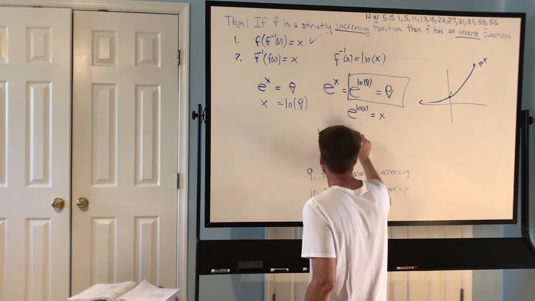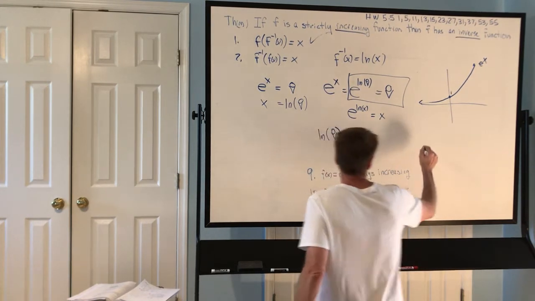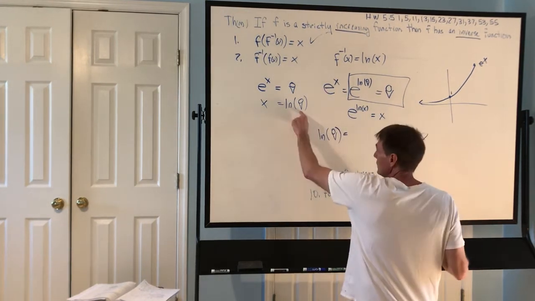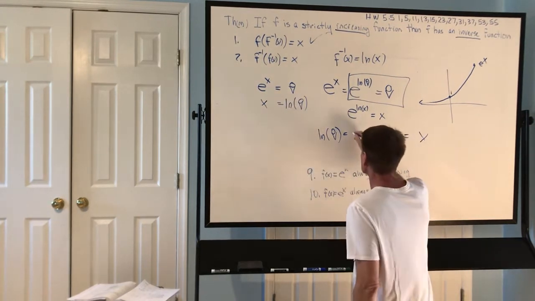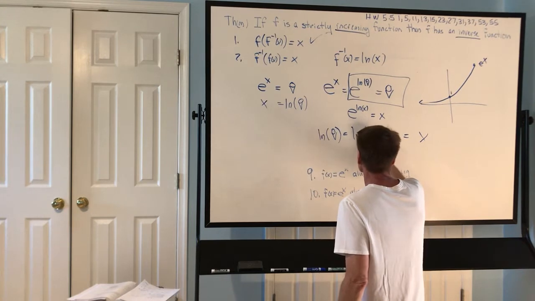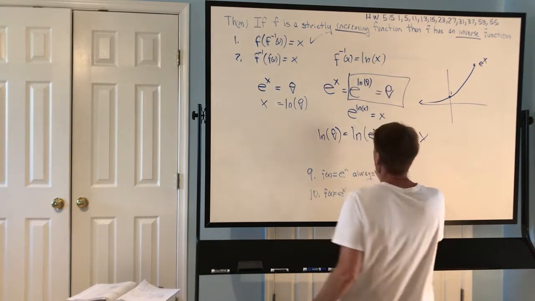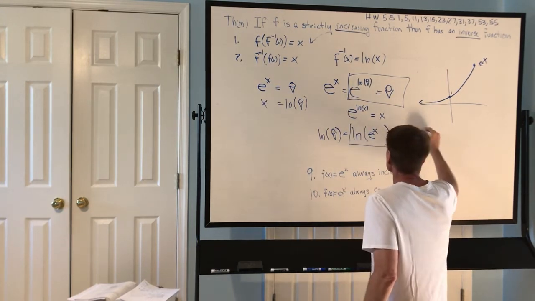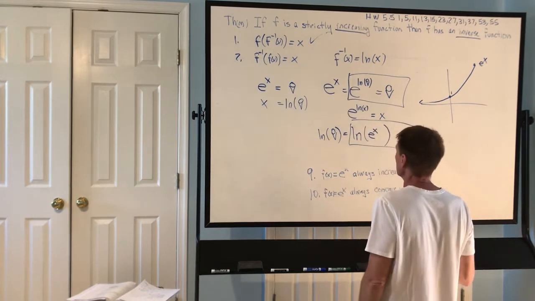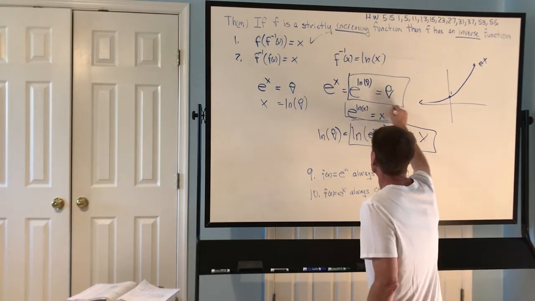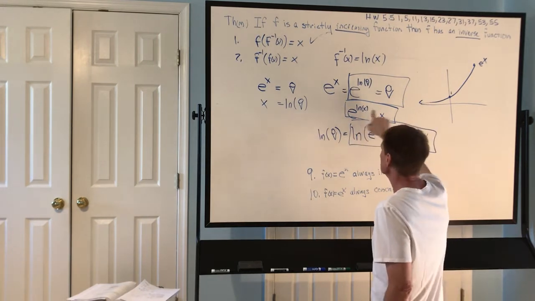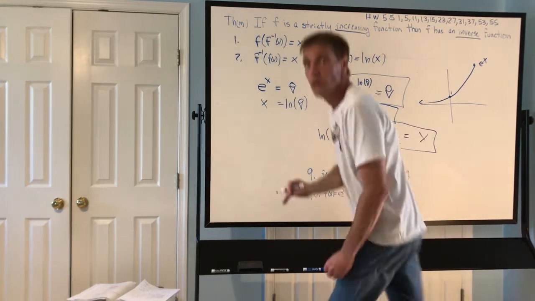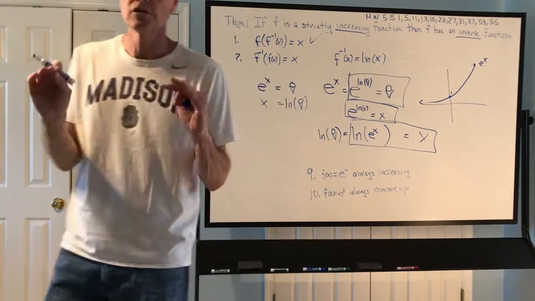The natural log of ice cream cone is x, but ice cream cone is e to the x. And so we have this second identity, that the natural log of e to the x is x, and e to the natural log of x is x. So write those down right now.